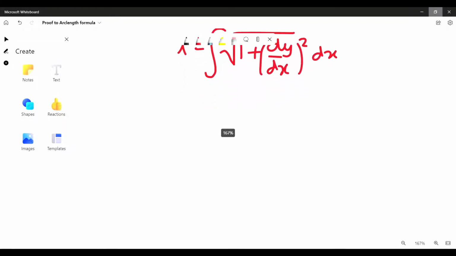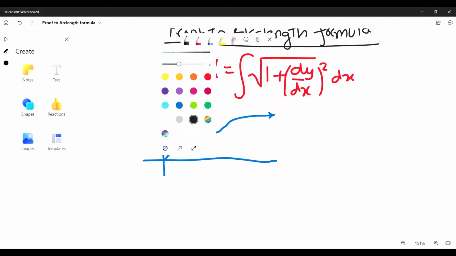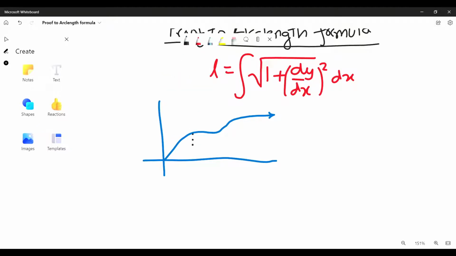So, if we start here, I'll use a different color, blue. We have a function defined, let's just call it something like this. This is just a graph of the function. And if we think about it, I'll zoom in so we can look at this carefully.